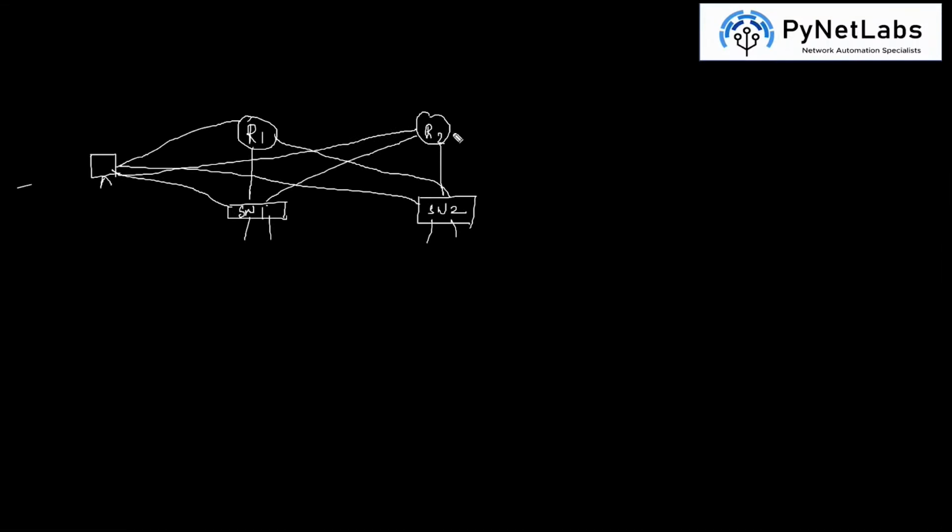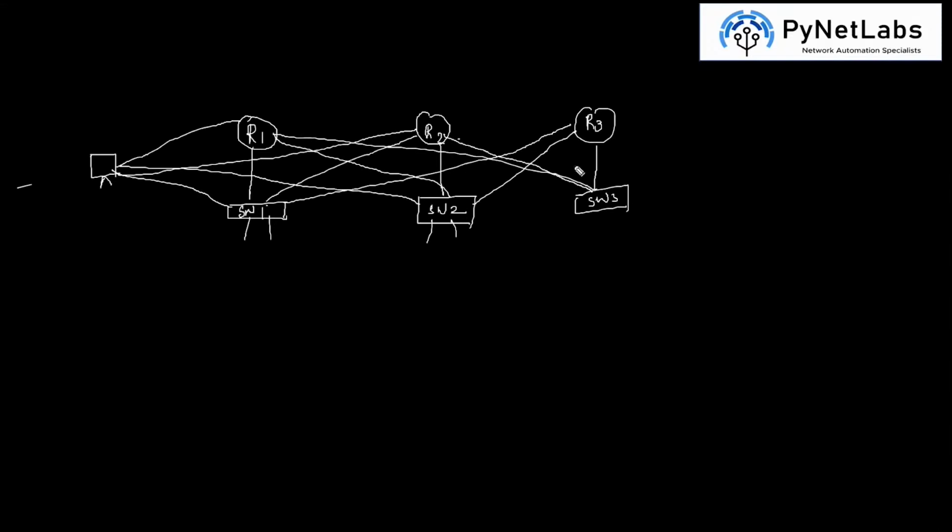And if you assume another router with another switch, you can imagine connections like these as well. So router 2 will be connected to all three switches, router 1 will be connected to all three switches, and similarly router 3 with switch 2 and switch 1, then this management PC will again be connected to these devices.